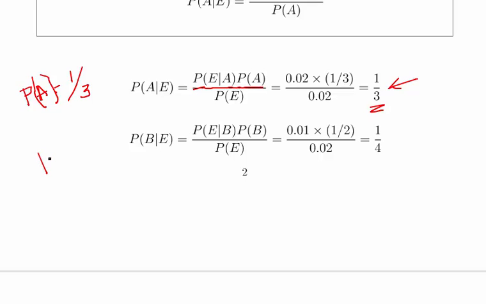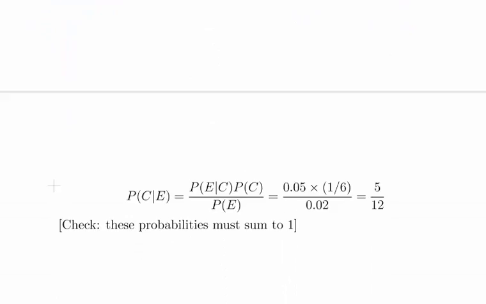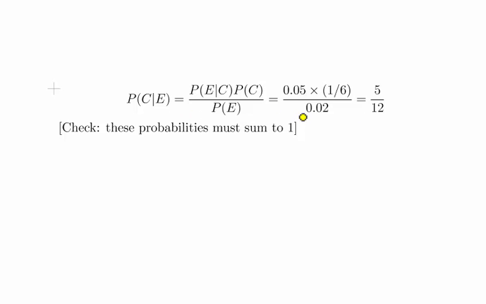The probability of the readership from newspaper B is 1/2, but only 1/4 of the entries are from newspaper B. Just watch out that this 1/3 and this 1/3 are not the same thing. They're not referencing the same thing. It's just a coincidence. And the probability of C given E is 5/12.